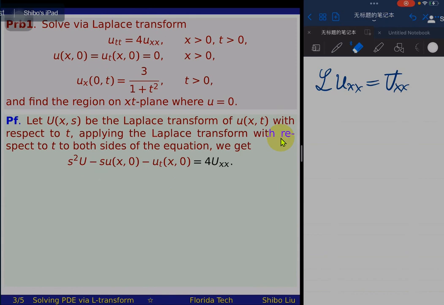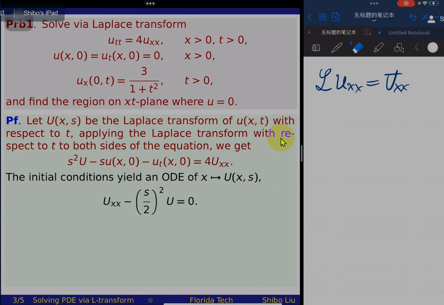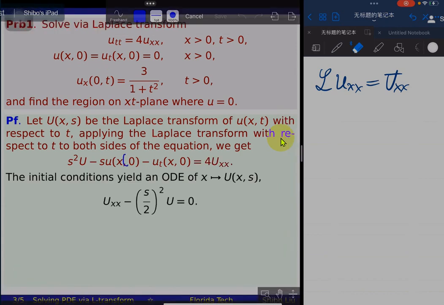Now, as I said before, because u(x,0) is 0 and u_t(x,0) is also 0, we have U_xx equals s squared U. This is an ODE whose unknown function is capital U, and the independent variable is x, and the s here should be treated as a parameter. Actually, this is a family of ODEs. Anyway, we have this ODE after applying Laplace transform.